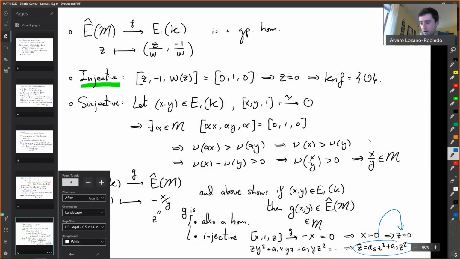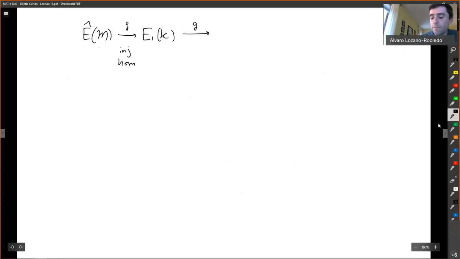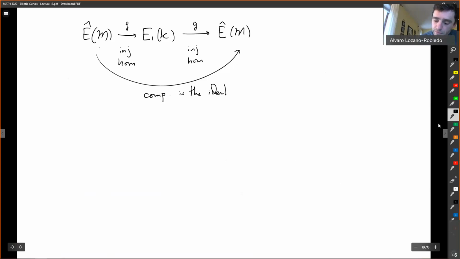Okay, so what we've proved is that we have a map from E hat of M to E1 of K, which is F, which is an injective homomorphism, and a map G to E hat of M, which is an injective homomorphism, and the composition is identity, right?